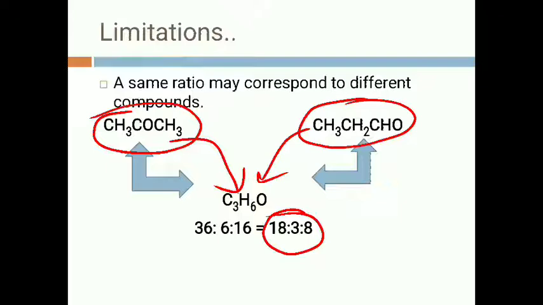If somebody gives you that carbon, hydrogen and oxygen combine in this ratio, then you cannot guess the compound. Different compounds may have the same ratio because these compounds have the same molecular formula. You can see in both of them 3 carbon, 6 hydrogen and 1 oxygen is there. Such compounds are known as isomers. You have studied in 10th class, isomers have the same formula.